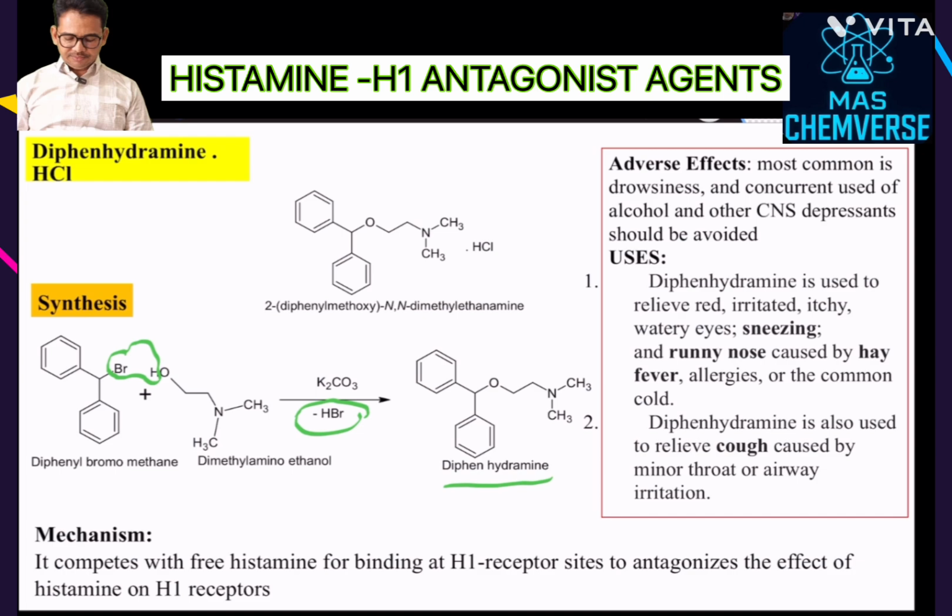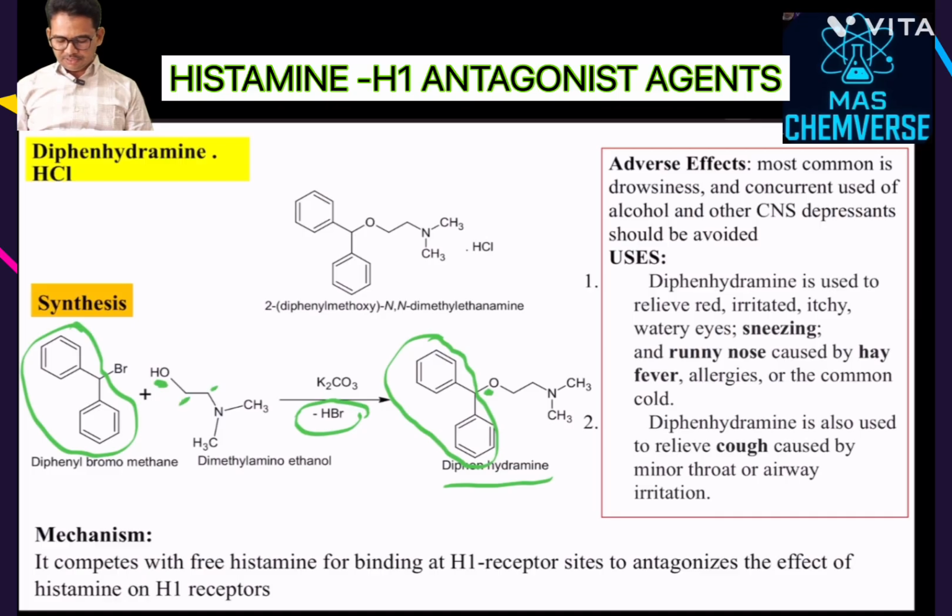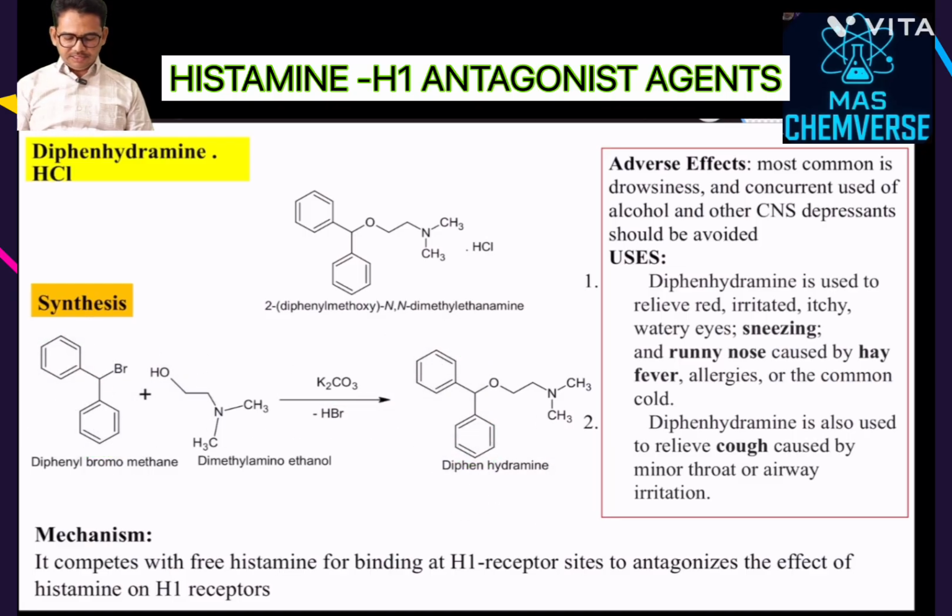Here you observe a diphenyl group attached to the methyl, then attached with the oxygen, and the remaining part is the same. It leaves the bromine as well as this hydrogen, going out in the form of minus HBr, to produce diphenhydramine.